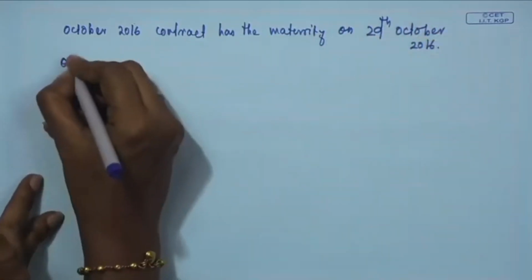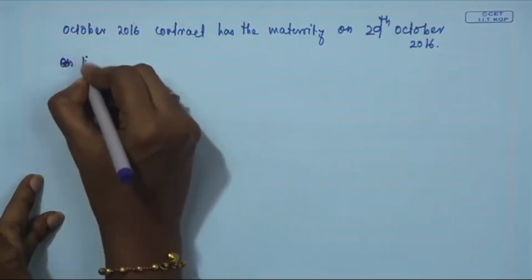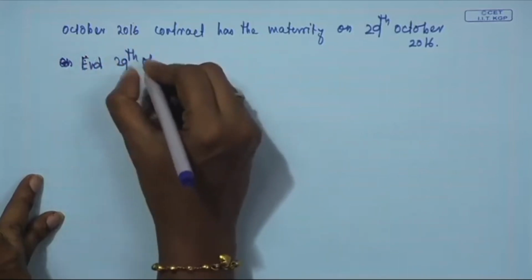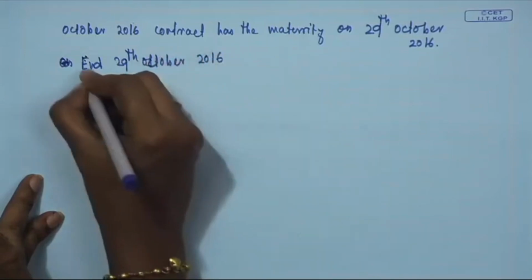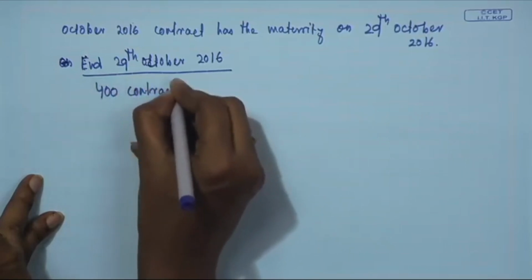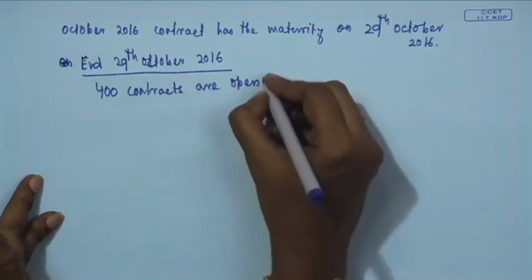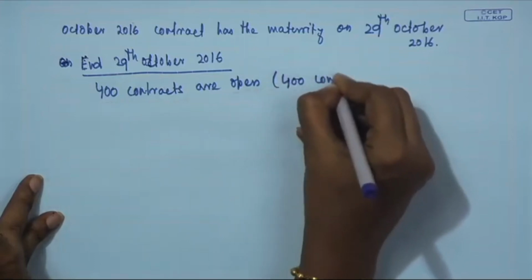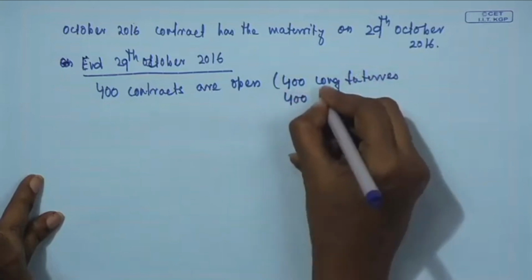Let us say by end of 29th October 2016, some 400 contracts are open. So that means 400 long futures as well as 400 short futures are there.